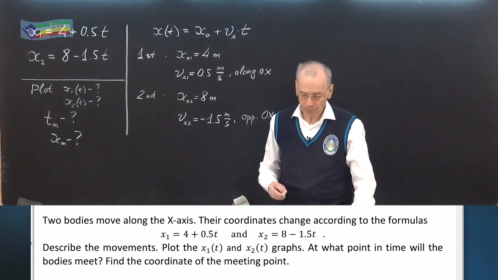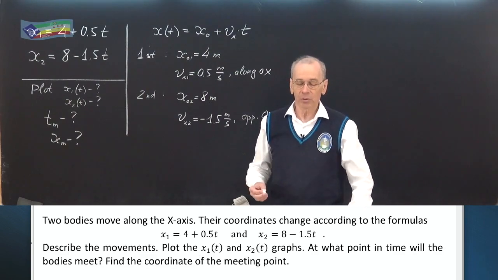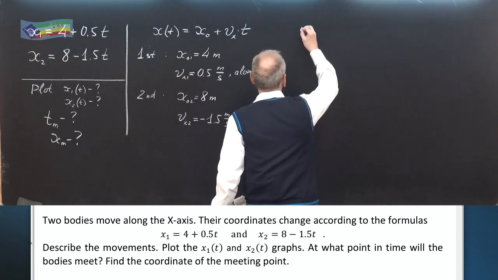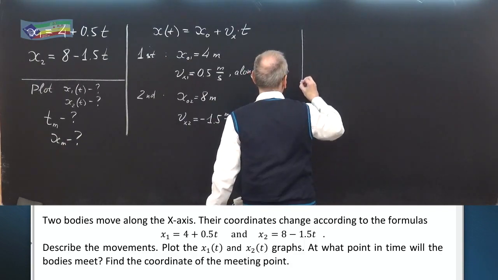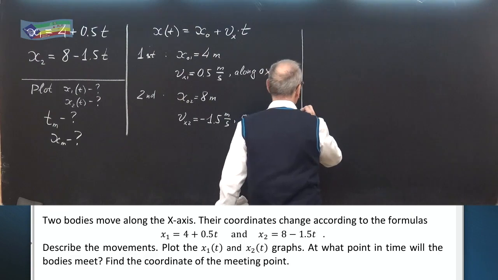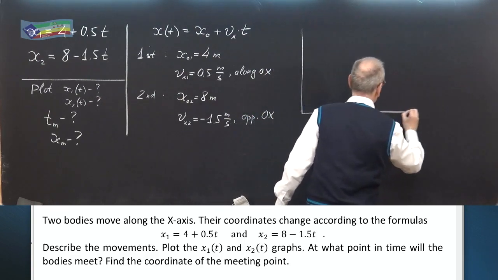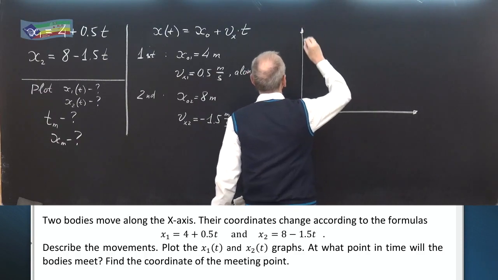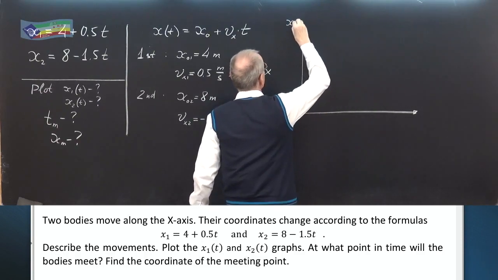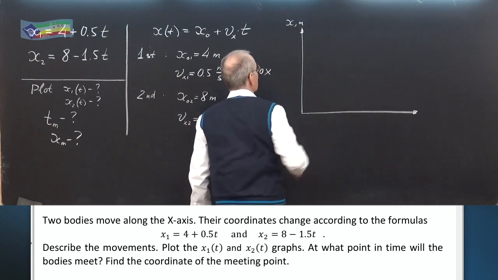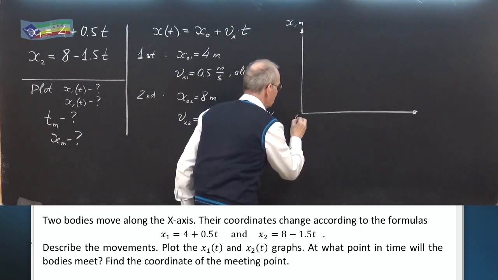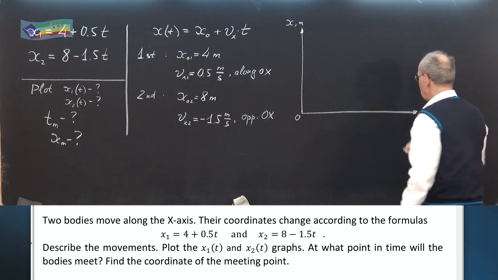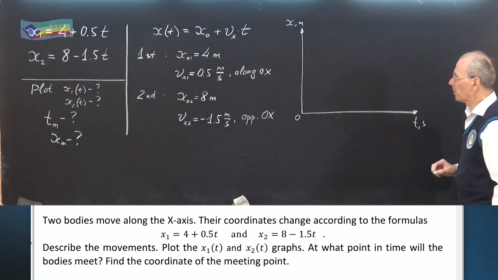Now, let's plot graphs. The vertical axis is for coordinate, the horizontal axis is for time. X, meters, stands for coordinate, t, seconds, stands for time.